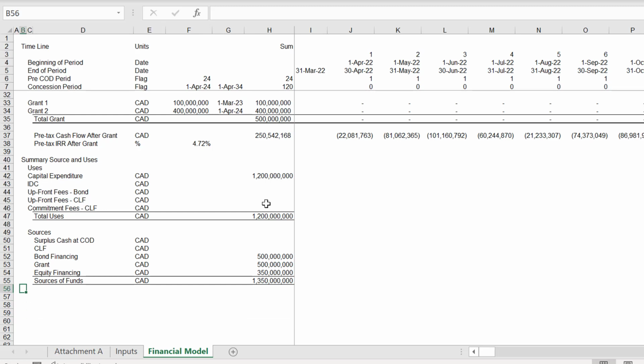So once we have that one, then we work through the, I'll call it construction financing, which is normally a separate sheet. And I'm tempted to put all of this financing in a separate sheet, but I think that might be a little much.